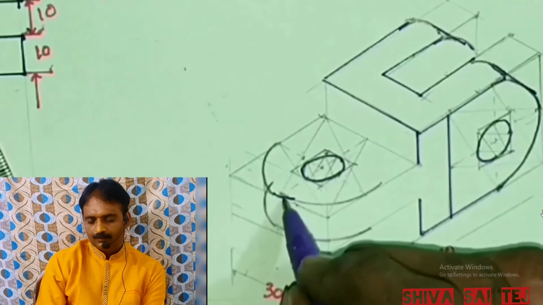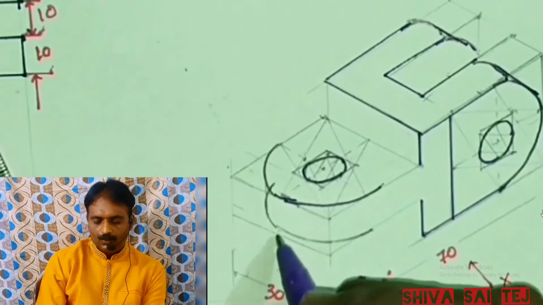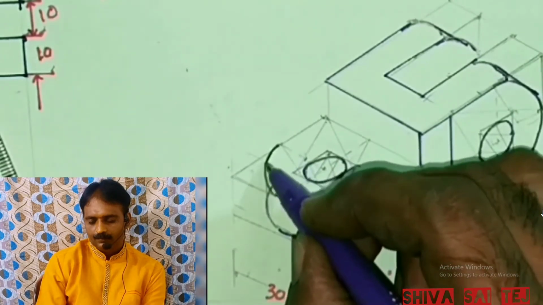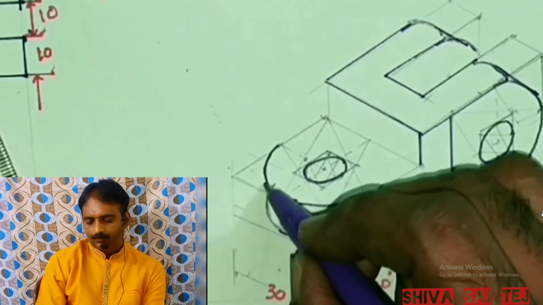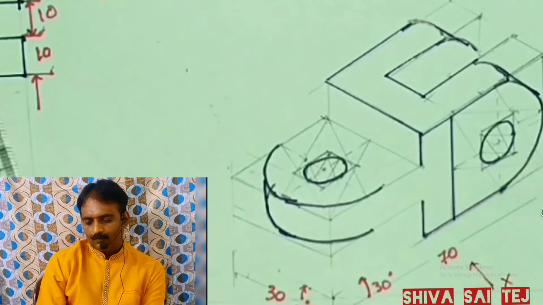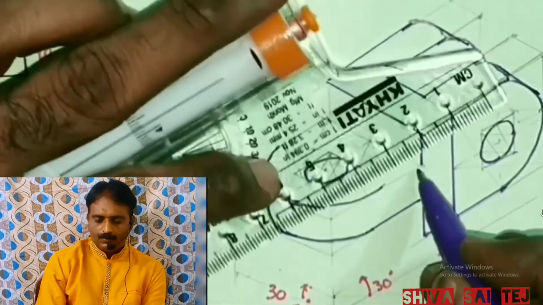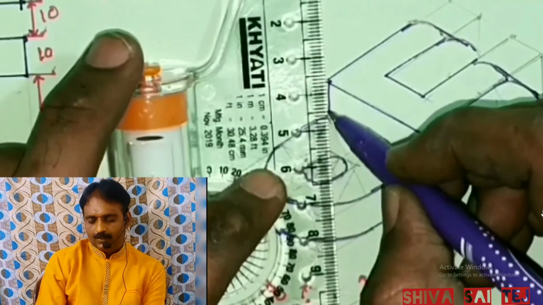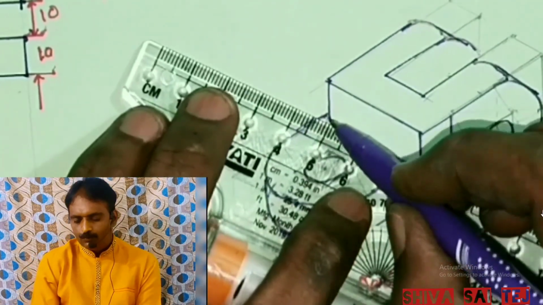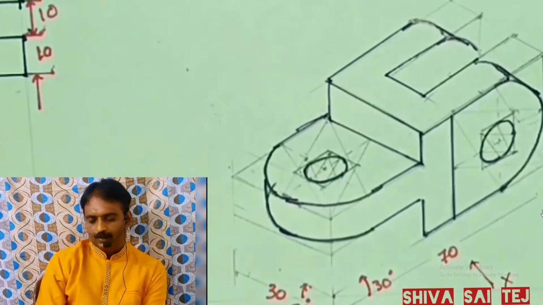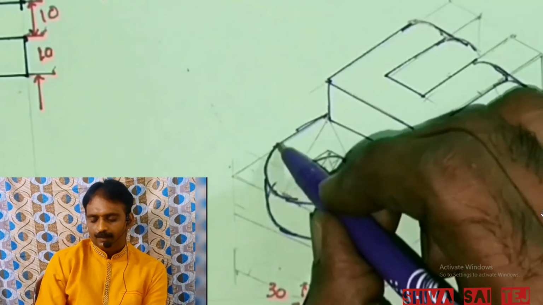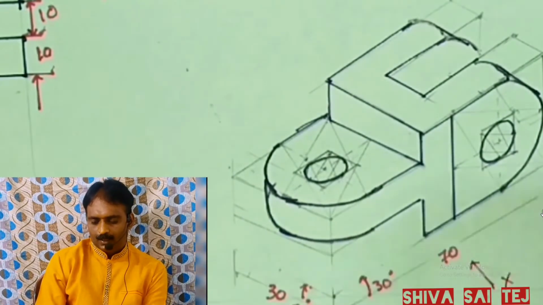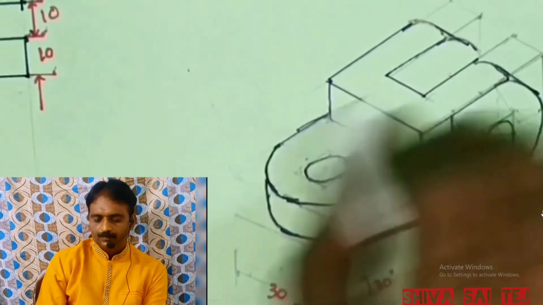So once it is over, we can make it dark with the pencil. And after the completion of the isometric view of the solid, we can erase the lines which are not required for us.